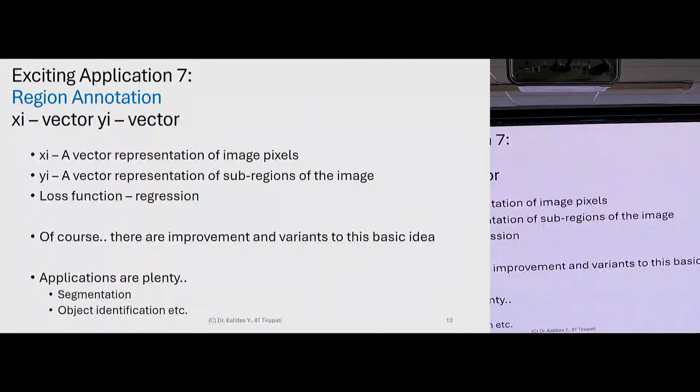So region annotation, how can I mark a region in an image saying that these are all the various places that are of my interest? Imagine a protein molecule. A protein molecule is a three-dimensional image. Do you agree with me? It has X, Y, and Z coordinates as well. So in this three-dimensional representation, I can still represent it as a vector.